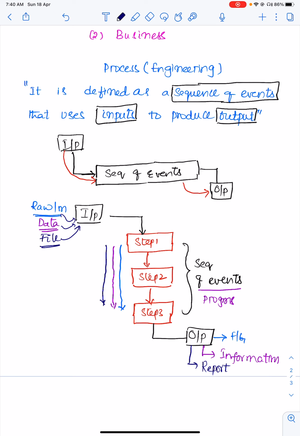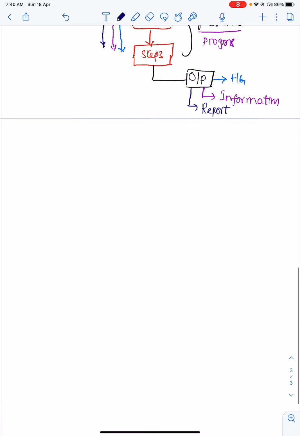That sequence of steps is also called a process. Anything you take has to follow a certain sequence of events or steps in order to convert an input to output. So this is the process definition from engineering perspective. Now let us see what the process definition is from business perspective.